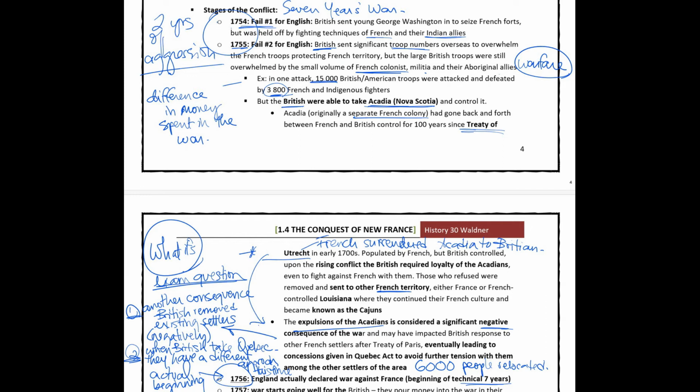Remember, for example, they were aware that the one British soldier or British general had a paranoia about Indigenous people. And so even though the First Nations groups and French were small in number, they jumped through the forest. They would shoot from here and they'd run over a few yards and shoot from there and run back. And they manipulated the impression of how large their size was, which freaked out those British soldiers. So they were able to capitalize on this paranoia.